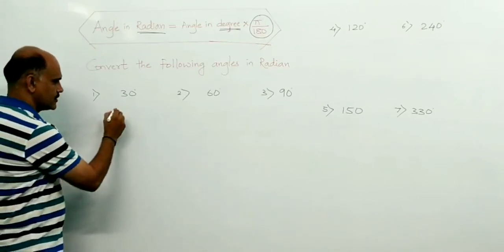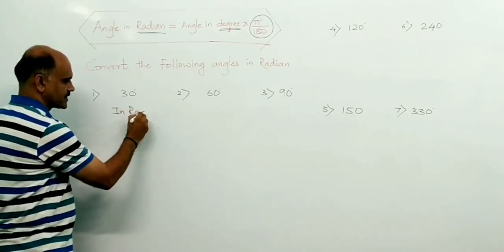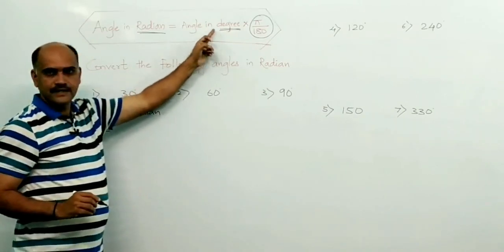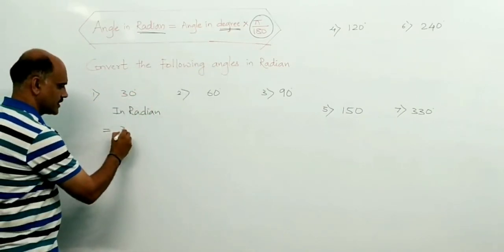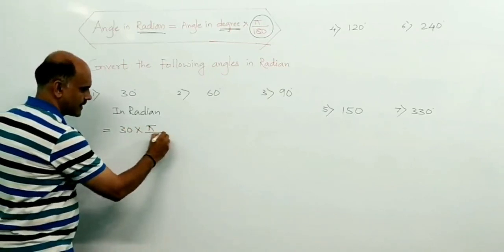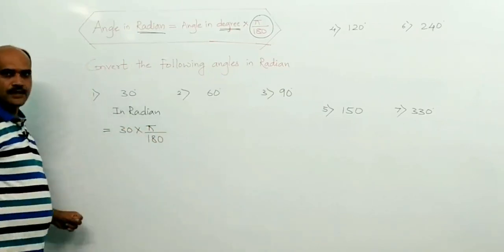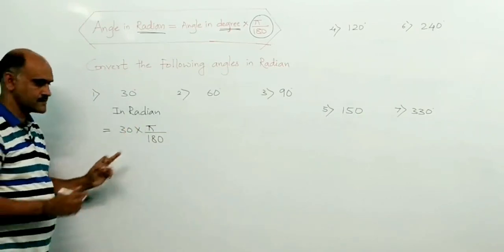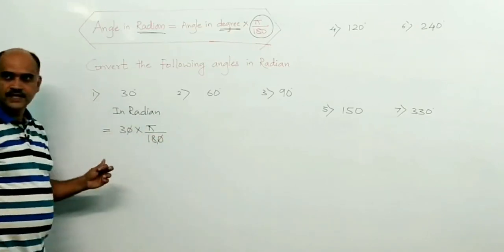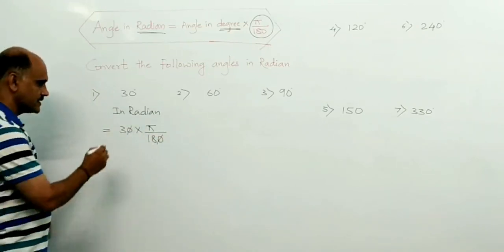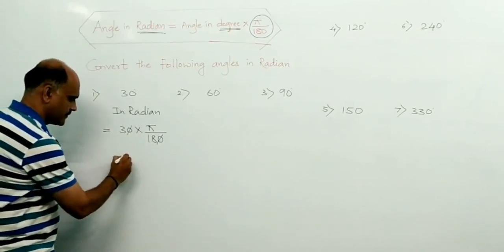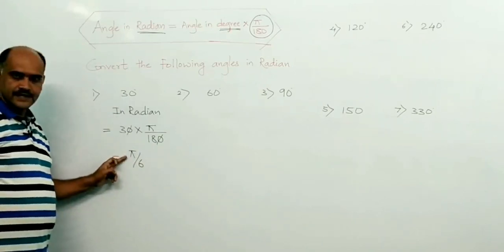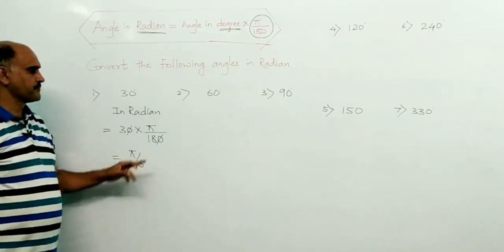In radian, it is 30 multiplied by pi by 180. Pi you keep as it is. You simplify these terms. 0 gets cancelled. By 3 if you cancel, 3 ones are 3, 3 sixes are 18. So you will have answer pi by 6. So 30 degree in radian is pi by 6.